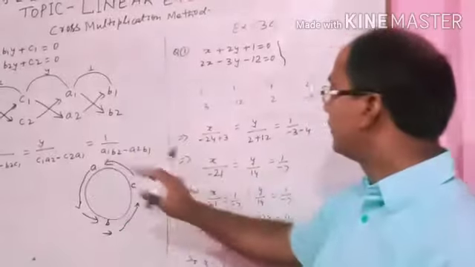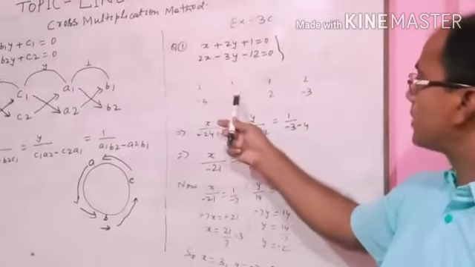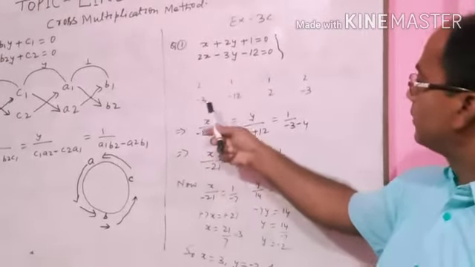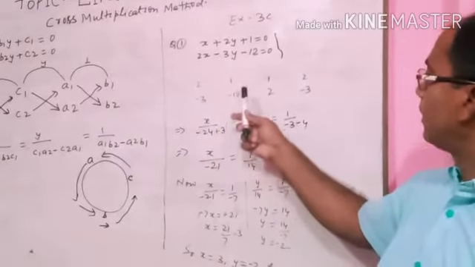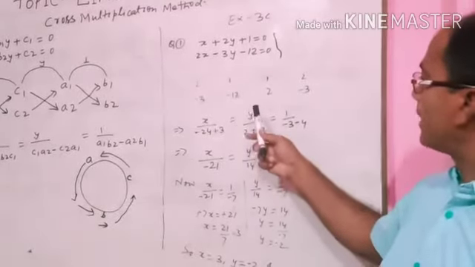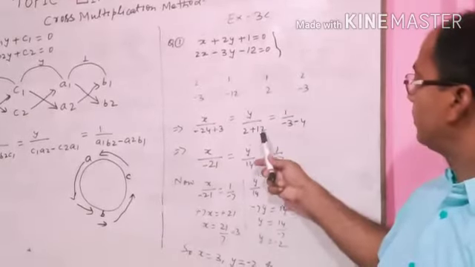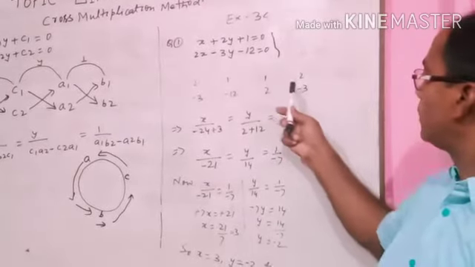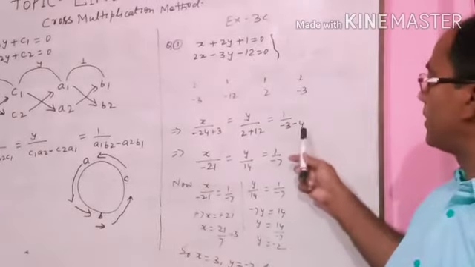You can write x by 2 into minus 12, which equals minus 24, minus 3 into 1, plus 3, equal to minus 21. Now y: 1 into 2 equals 2, minus 12 into 1, plus 12, equal to 14. Now 1 into minus 3, minus 2 into 2, equals minus 7.